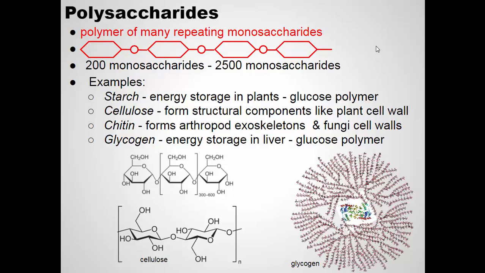So we would draw them with a series of hexagons connected with oxygens in between. Some examples: starch. Starch is a bunch of glucose monosaccharides bonded together. Starch is used for plants to store energy.